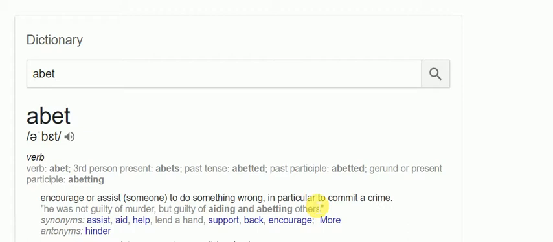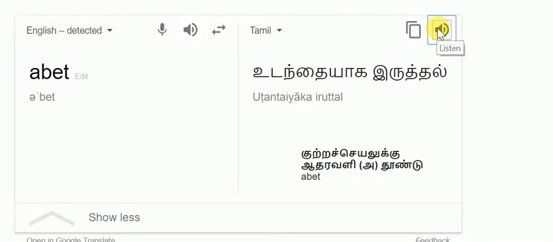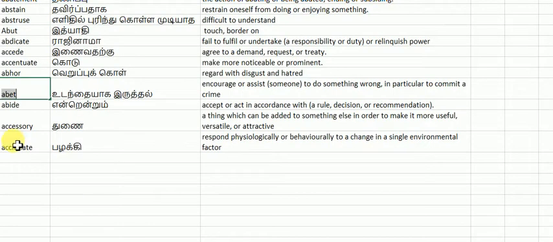If someone is standing by to help do some wrong thing, that person is called an abettor, and that action becomes abet. So if you are assisting or making someone do something wrong, particularly criminal, that is called abet. In Tamil you can say உடந்தையாக இருத்தல்.